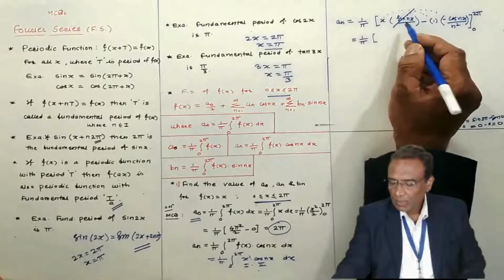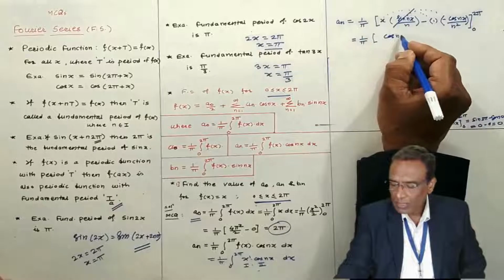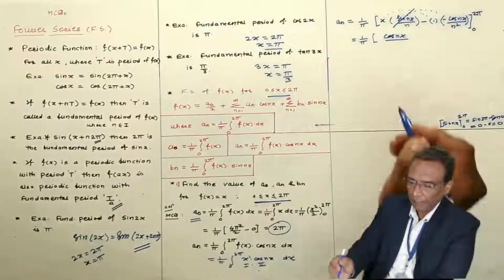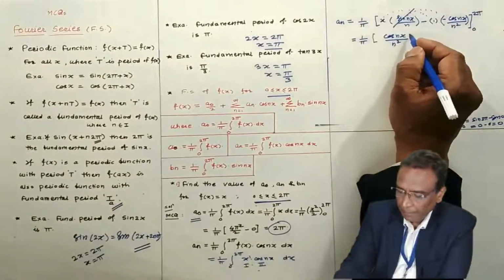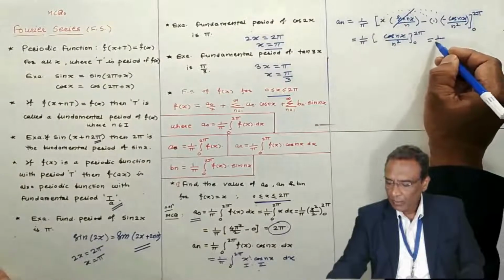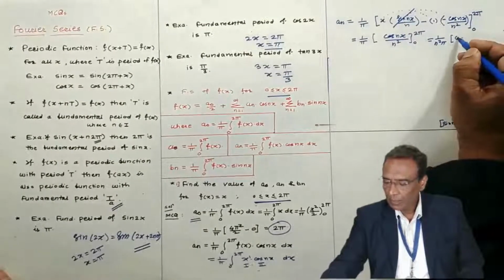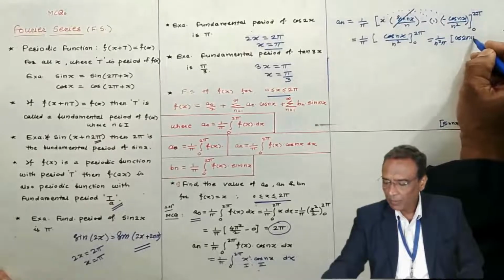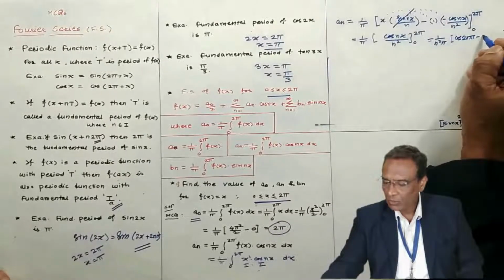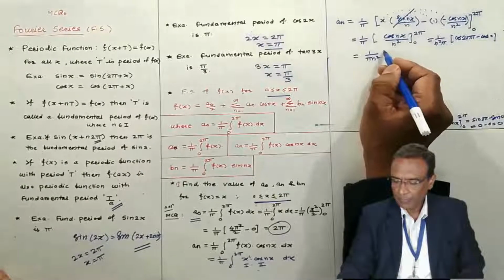Now, this term has gone. Minus plus cos of nx divided by n square, from 0 to 2 pi. Now, 1 by n square pi, put x equal to 2 pi, upper limit cos 2n pi, minus put x equal to 0, cos 0, 1 by pi n square.